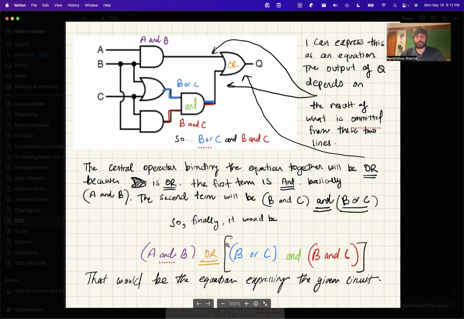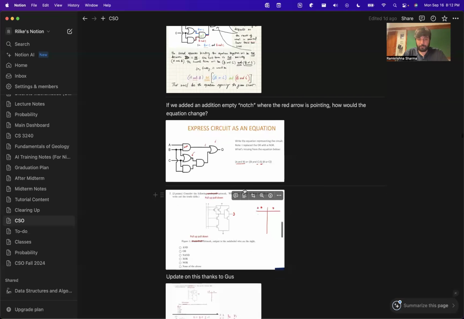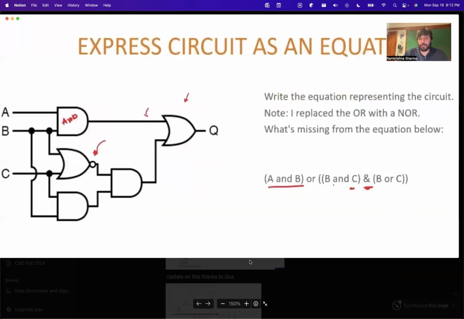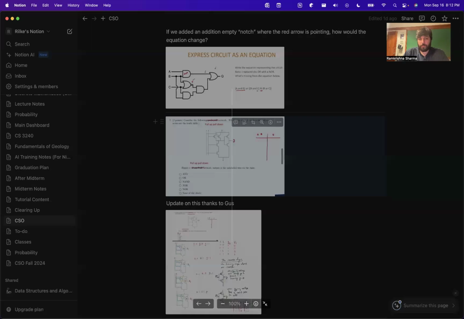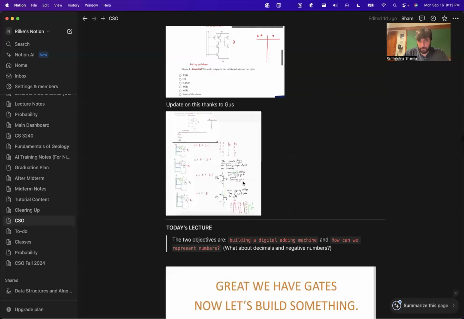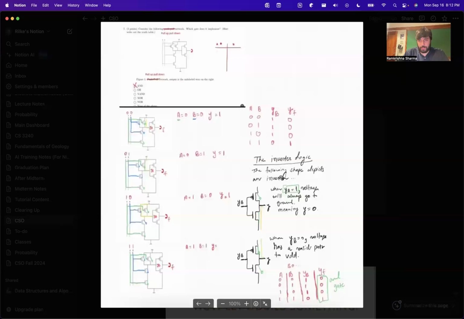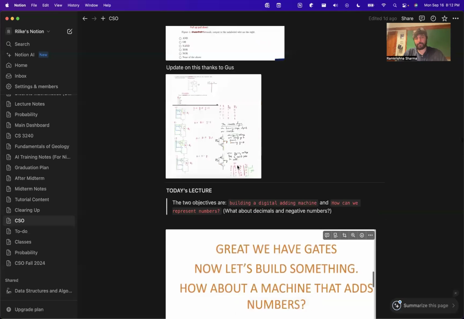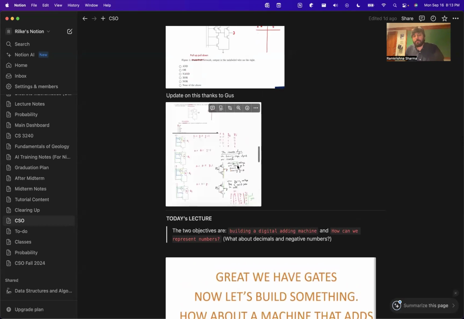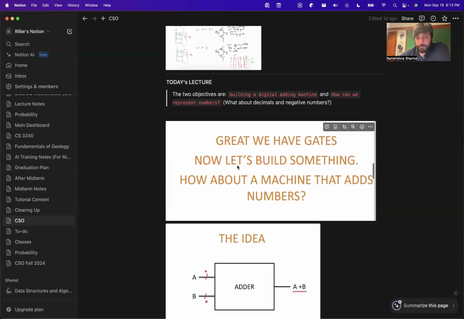That's how that color code looks. So you can actually express a circuit as an equation, right? This seems to be the problem repeated again, and you're just going through that. So that was a higher level understanding so far.